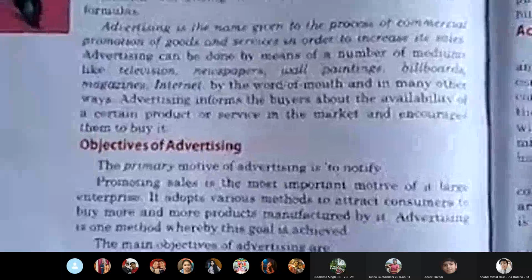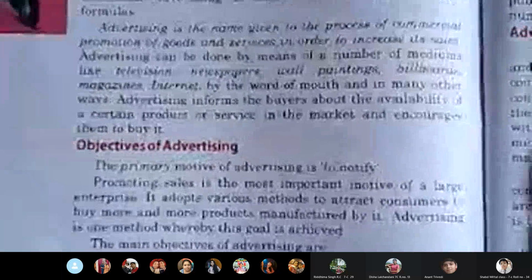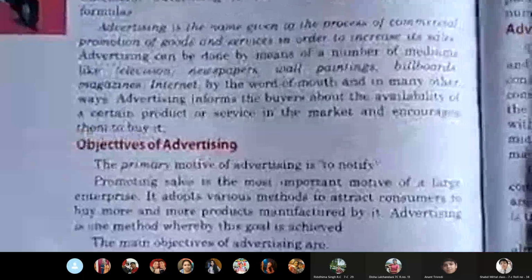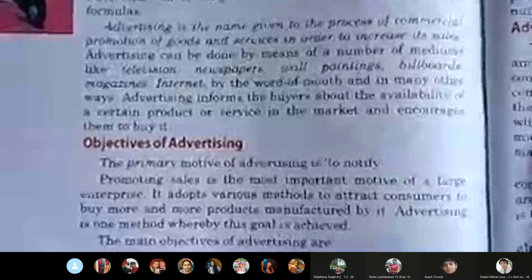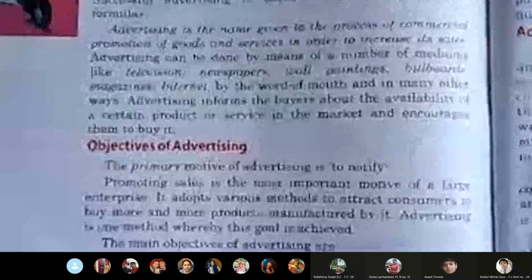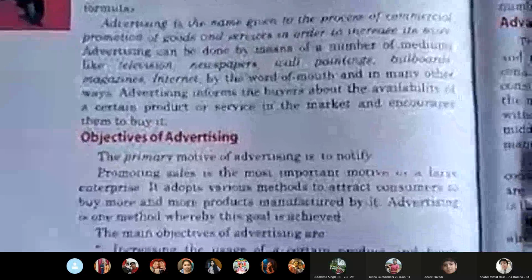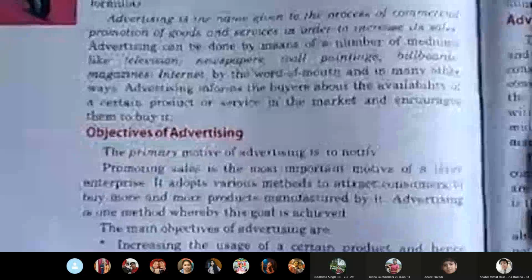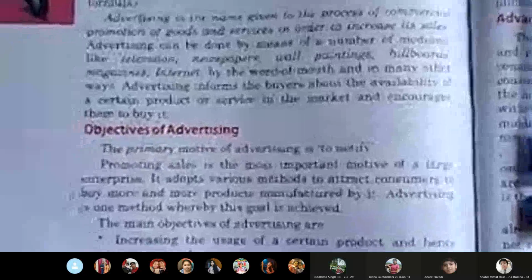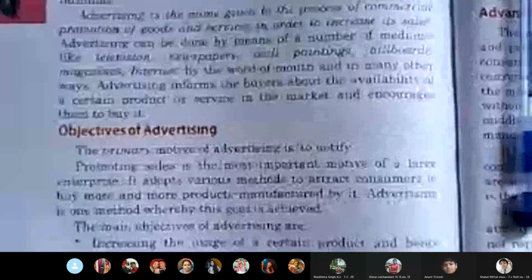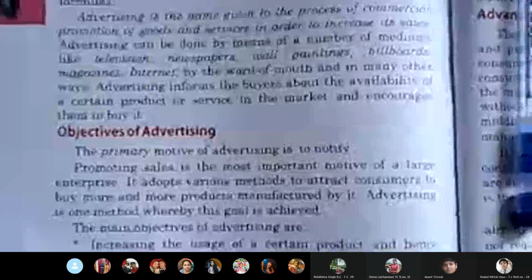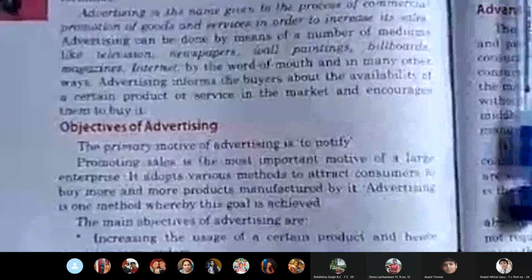Promoting sales is the most important motive of a large enterprise. That means any product which is produced in bulk is to be put on sale. So the sale has to be motivated. One should be aware that, accha, market mein ye cheez hai. So how will they know? It is only through advertising. It adopts various methods to attract consumers to buy more and more products manufactured by it. Advertising is one method whereby this goal is achieved.